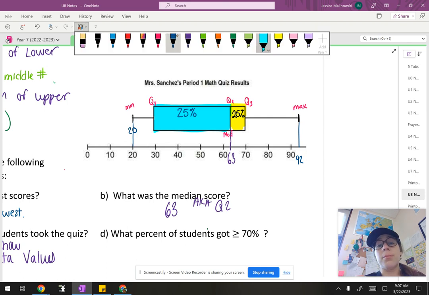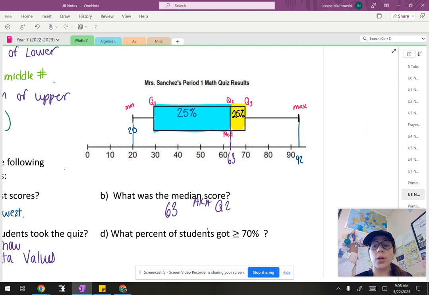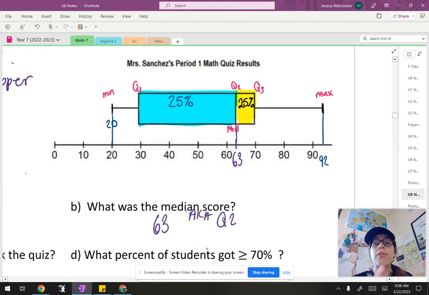Remember, we don't know how many data values there are, but let's say there are 20 data values total. 20 divided by 4 equal parts gives me 5, and again, I'm making this up. There are 5 numbers in each section, so there are 5 numbers in the blue box and also 5 numbers within the yellow highlighted box.